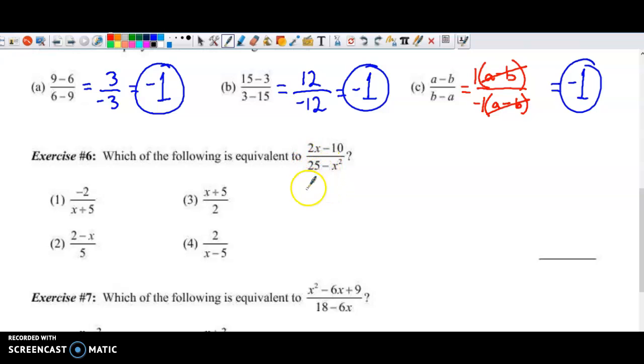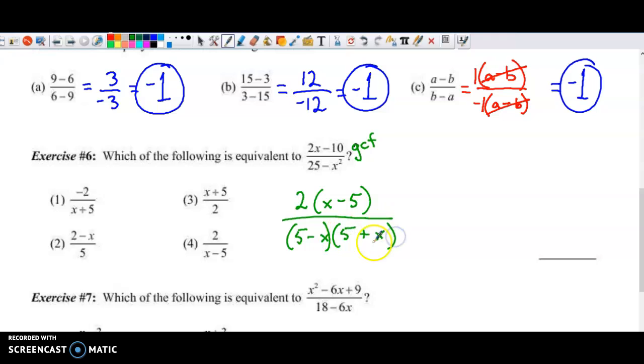And I just have a couple more exercises to try to get you on board with that. Here's another one that's the same, GCF on top. I'm going to use green. I haven't used green in a while. So 2 can be factored on top. And on bottom, difference of squares, 5 minus x, whoops, and then 5 plus x. And what they're trying to get you to realize then is, let's use red again, that this thing and this thing are almost the same, except they're switched.